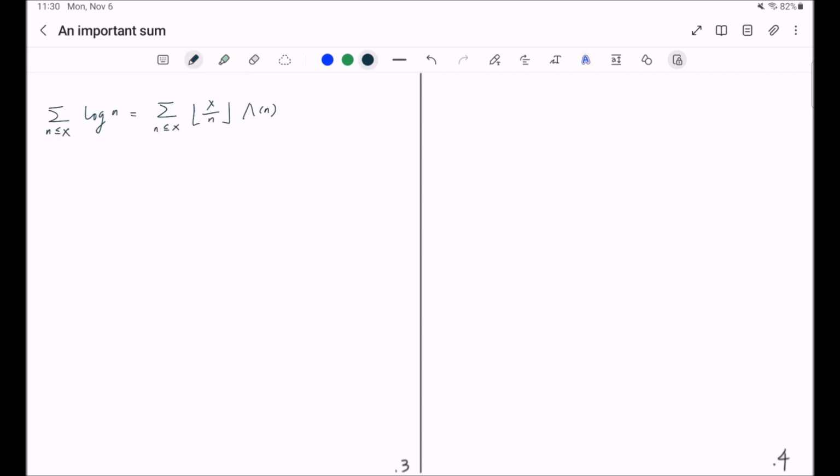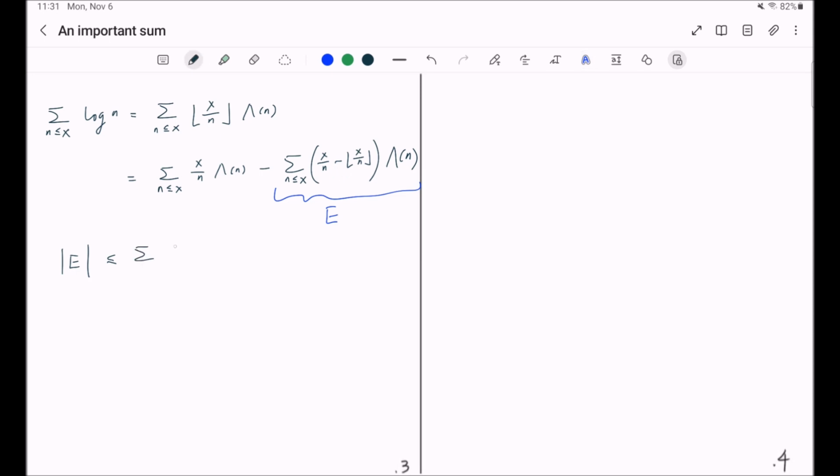So now let's rewrite the right-hand side by dropping this floor notation. I will call this part E, and E stands for error here. To give a bound for E, we observe that the coefficients are bounded by 1, so this is less than or equal to the summation of lambda of n for n less than or equal to x.